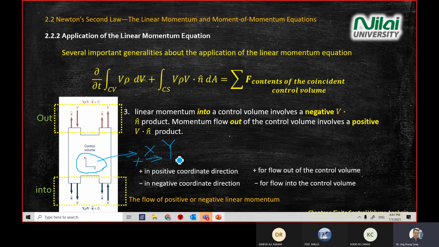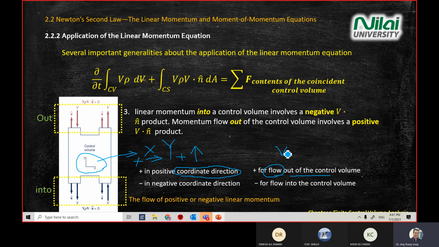Y is positive when it's going up. So for the linear momentum equation, we deal with coordinate direction first. Second, we deal with flow, which is your V.